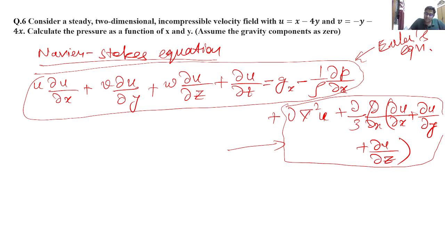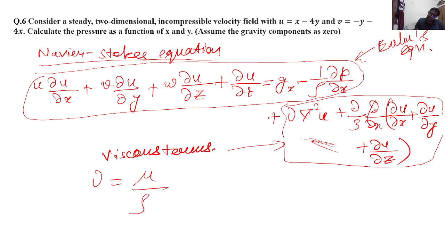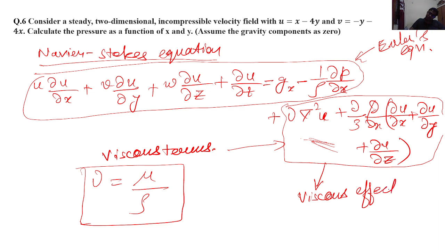When we add the two expressions on the right hand side, it becomes a very generalized expression known as the Navier-Stokes equation, and it is applicable for different viscosities also. So it introduces the viscous terms. Just a brief recall: the kinematic viscosity nu is equal to the dynamic viscosity divided by the density. So these terms are for the viscous effect, and these are only there in the Navier-Stokes expression.